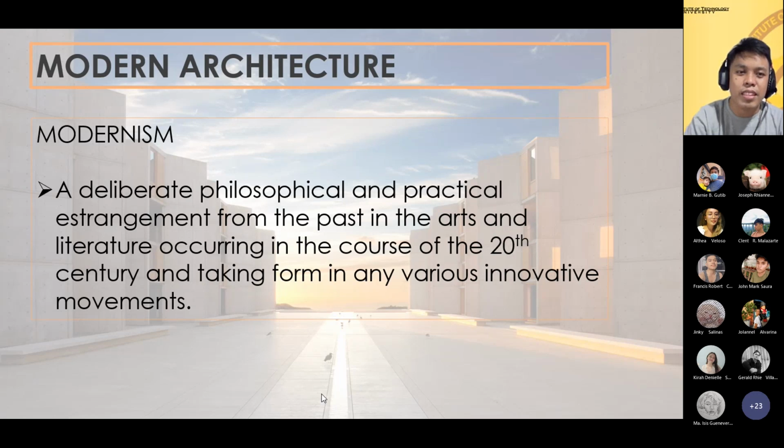So again, no, ato ibalik, deliberate philosophical and practical estrangement from the past in the arts and literature occurring in the course of the 20th century and taking form in any various innovative movements. So meaning anang 20th century is actually from 1901 up to 2000. So that's the full length of the 20th century. So 1901 up to year 2000.